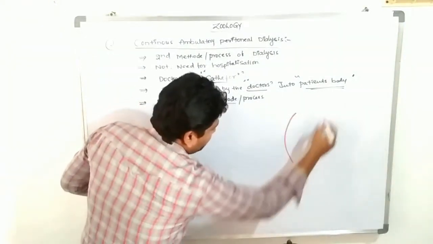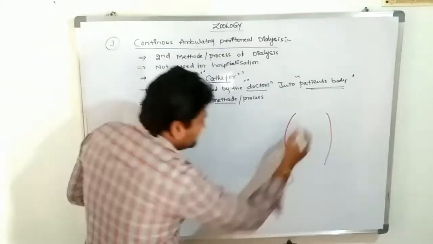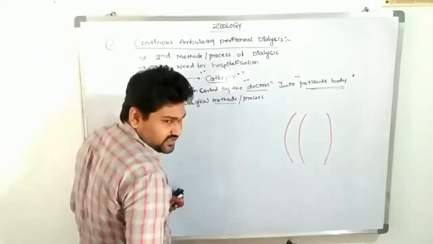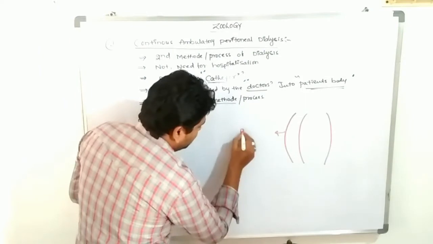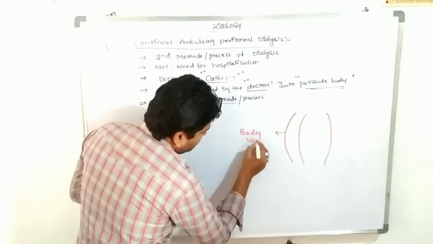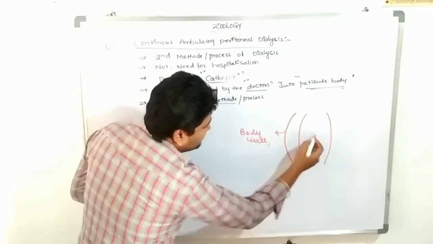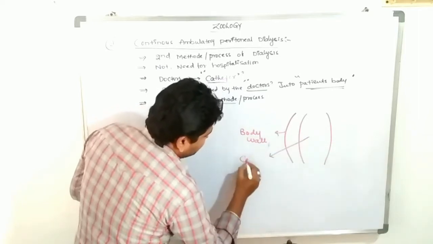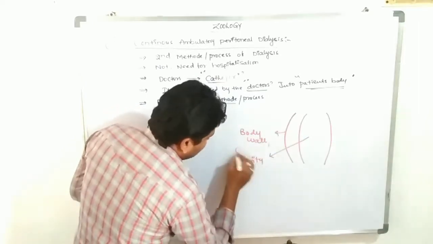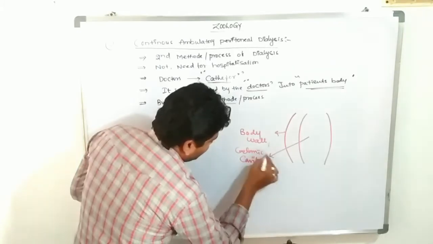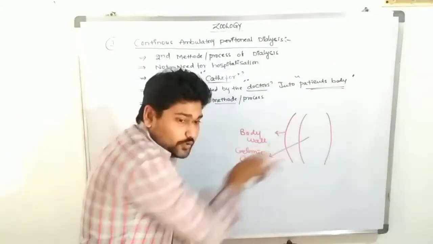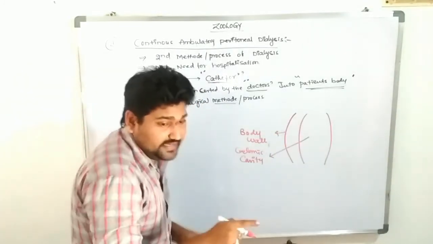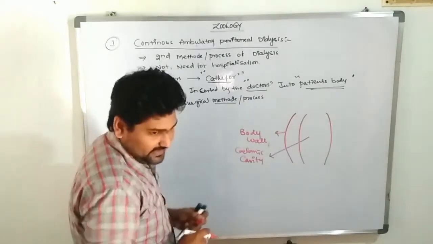Let's see the diagram of the human body. This is known as the body wall, and this one is known as the coelomic cavity. So the device is directly inserted into the coelomic cavity by the surgical method.